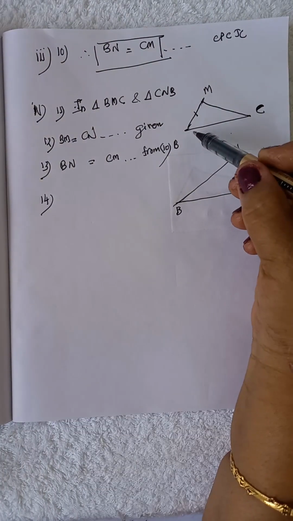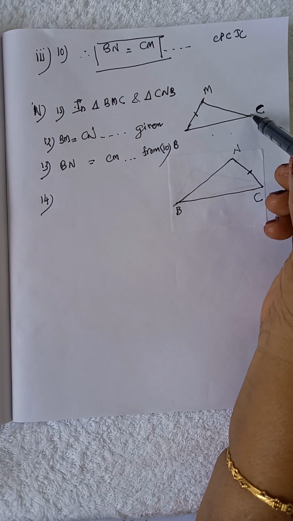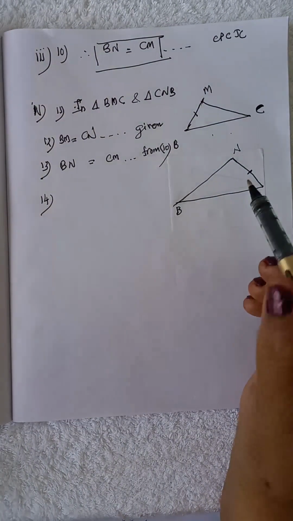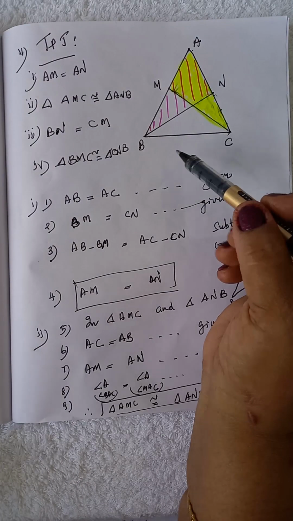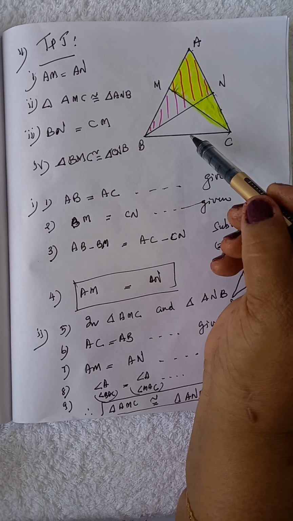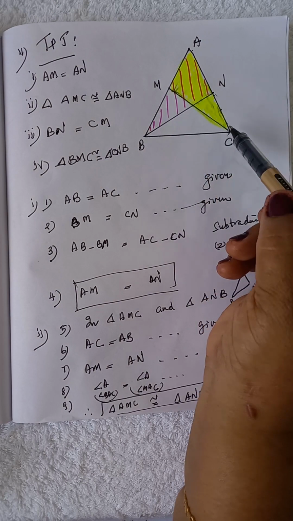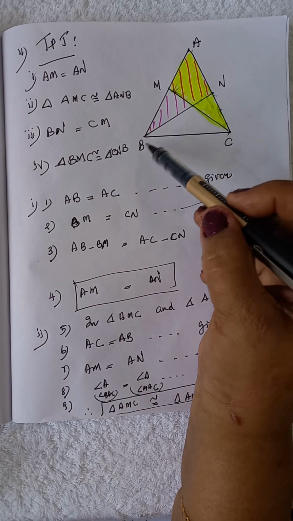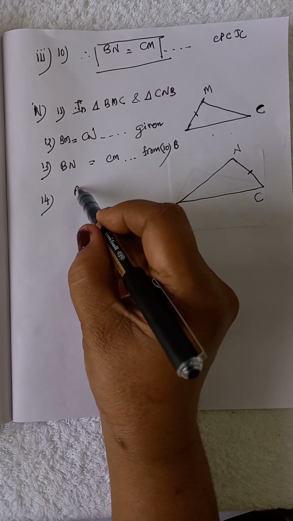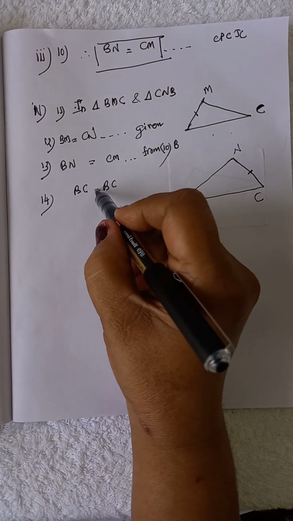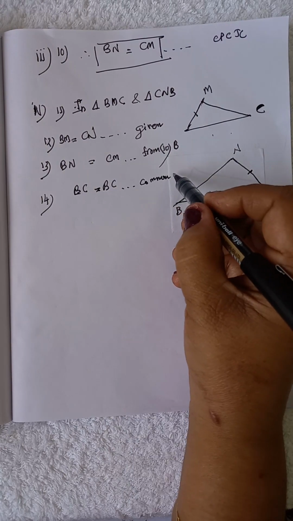14th point, BC is common to this triangle and this triangle. The original diagram is this, and in this BC is common to both triangle BMC and triangle CNB. So we can write BC is equal to BC, that is common side. That is the reason.